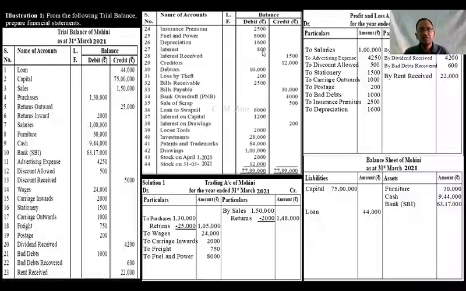How? Because the amount is given in debit column. So debit column means it is an expense. Interest being an expense means interest paid. It is an indirect expense, so it will be shown in profit and loss account debit side, to interest 800.